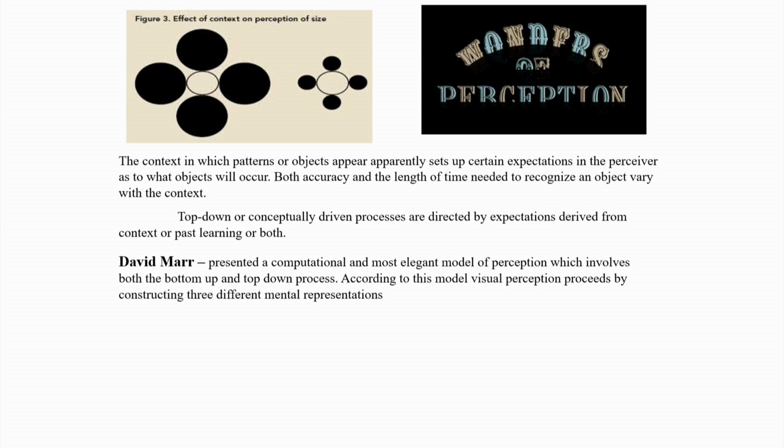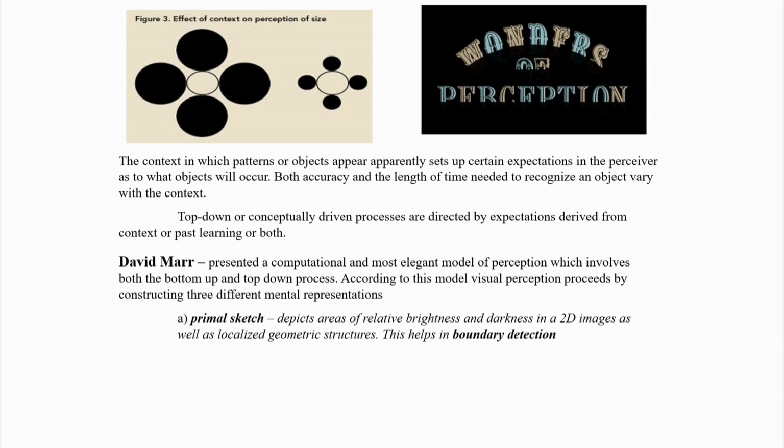So, in brief, David Marr's model combines both bottom up and top down processes to explain perception. What David Marr believes is that visual perceptions are actually mental representations or mental sketches based on three kinds of representations which exist within the observer, the person who is perceiving. There are three different steps to it.